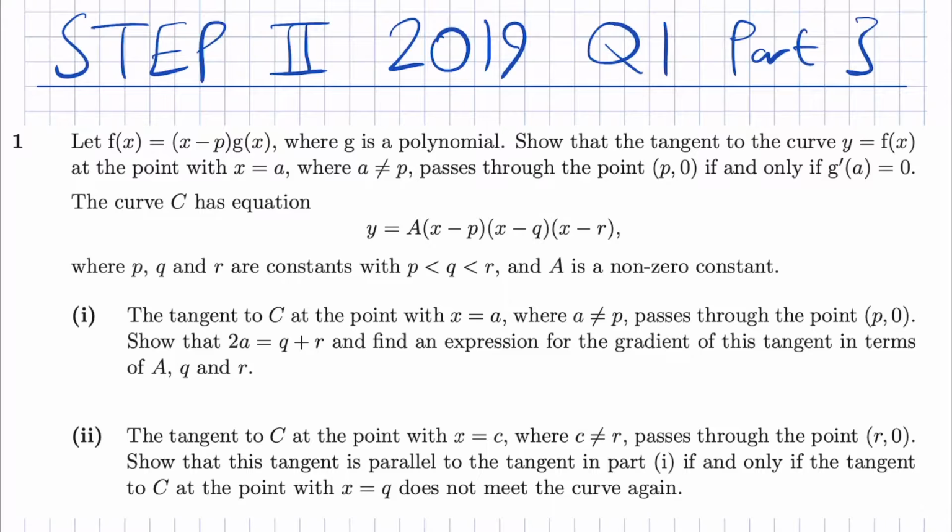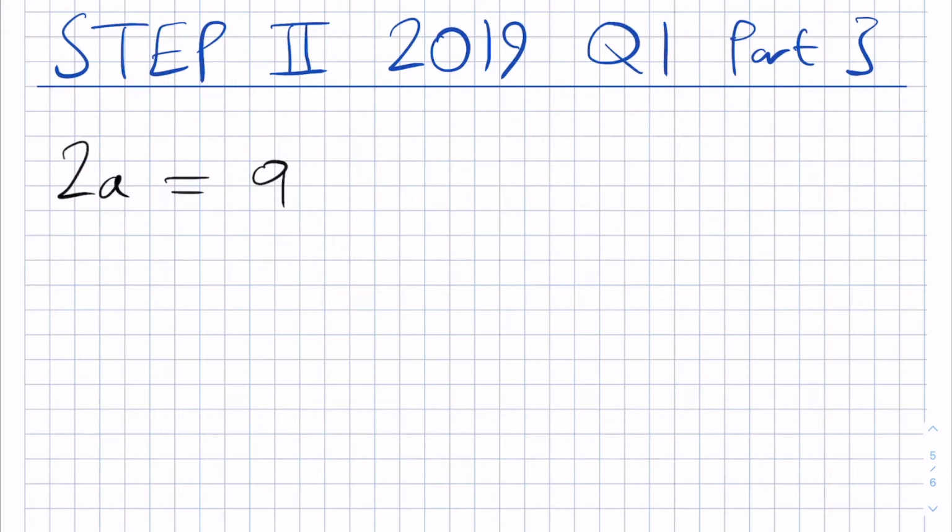So notice that this part II is quite similar in how it begins with part I. We replace a by c and p by r. This means that we can immediately get a very similar condition to the 2a equals q plus r that we found in part I. In particular, we have 2c being equal to p plus q.